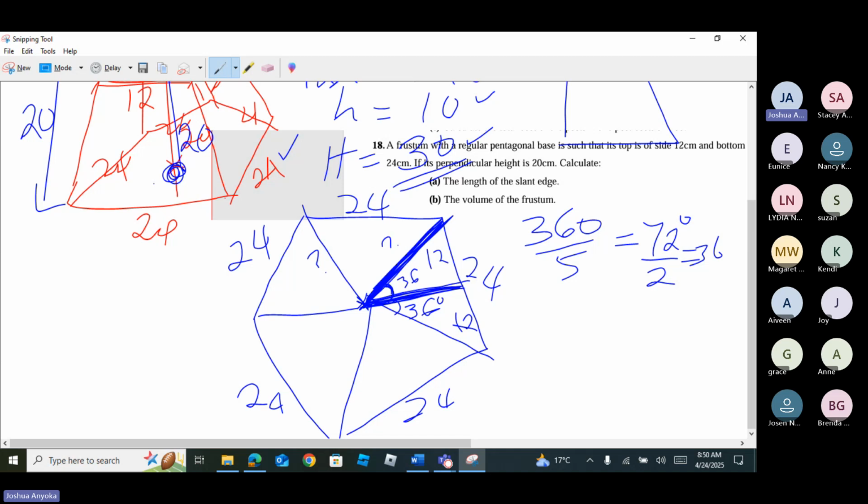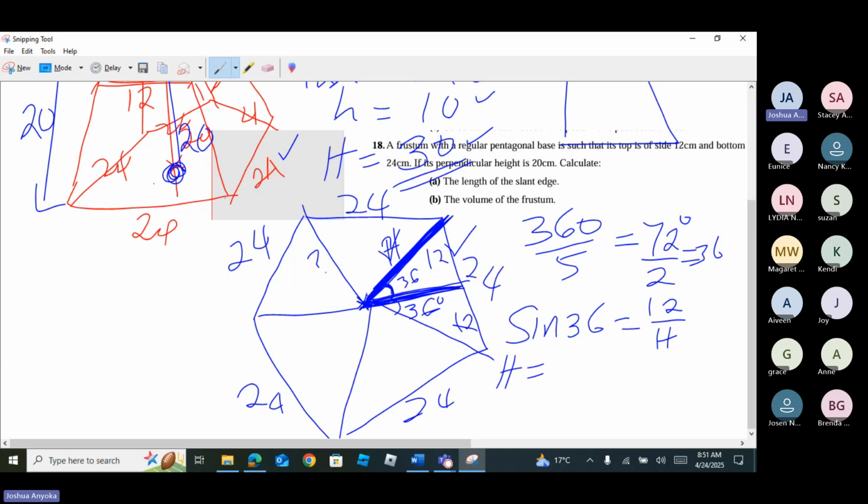So to get this distance, the opposite is 12 and the angle is 36. Now this one becomes the hypotenuse. So we use sine: sine 36 equals opposite, which is 12, over the hypotenuse that we don't know.